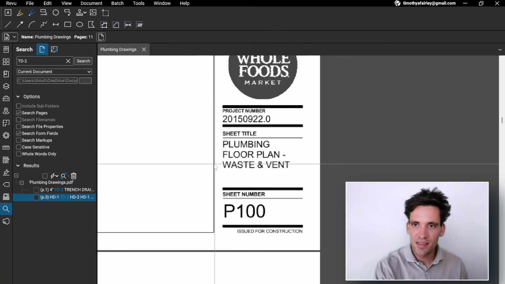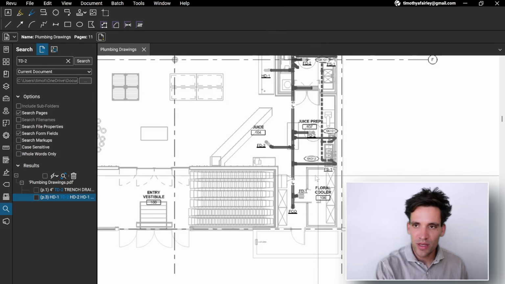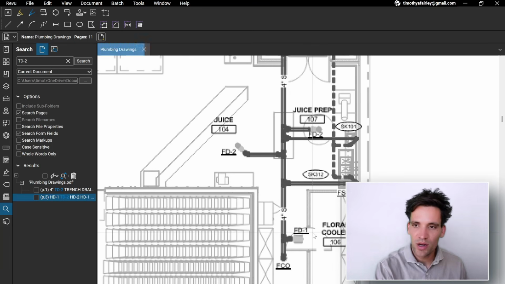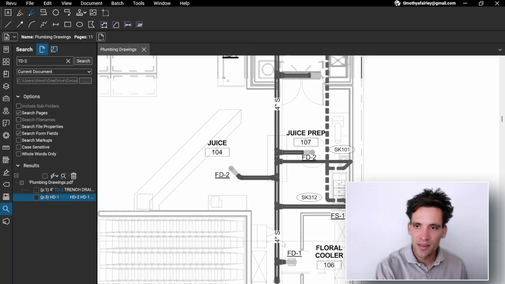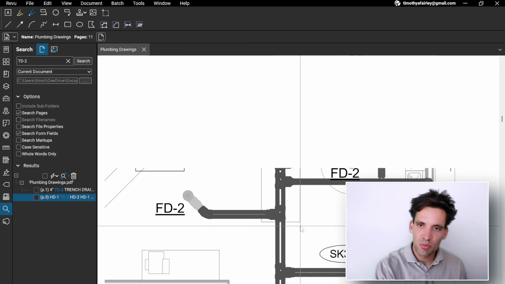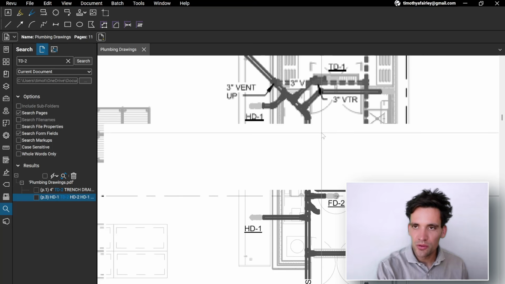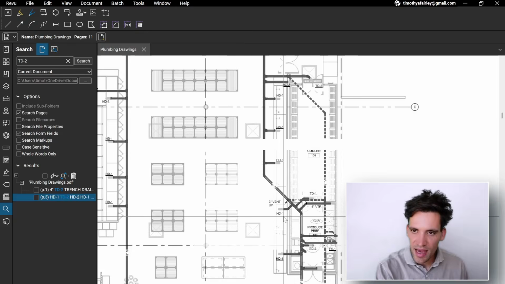So this is a floor, waste, and vent. You can see the actual layout and orientation of the pipe. FD1 will refer to floor drain 1. That is a 4-inch pipe. Notice FD2, floor drain 2, and it is basically HD1.